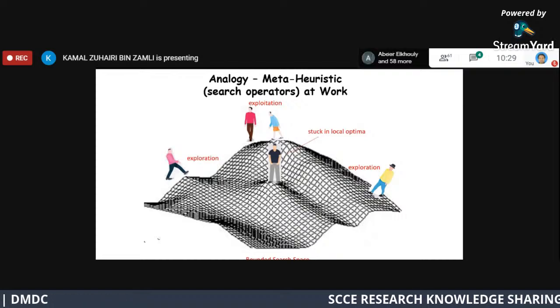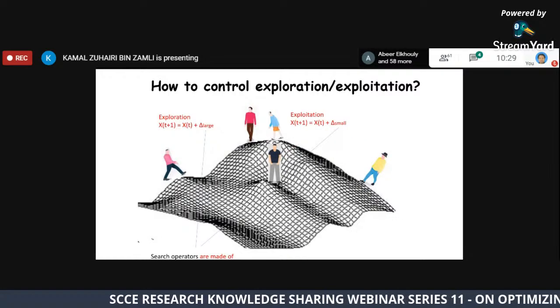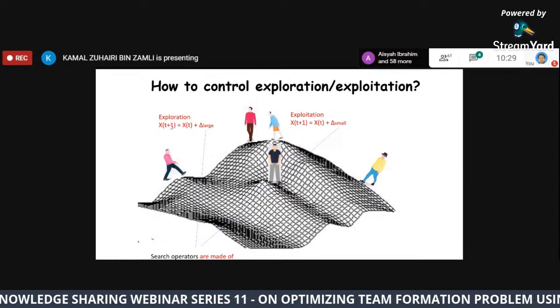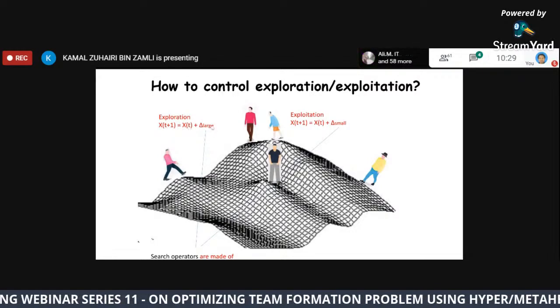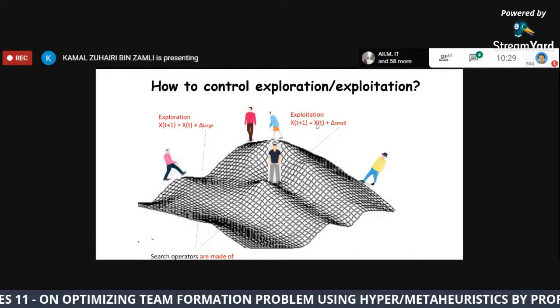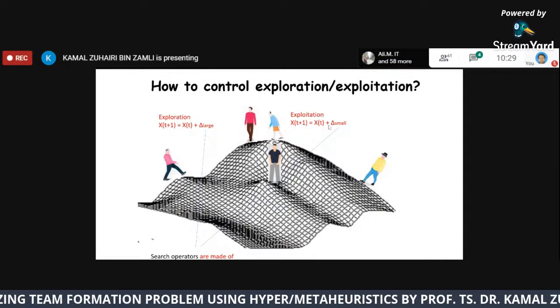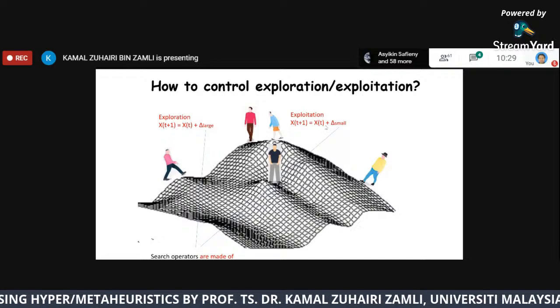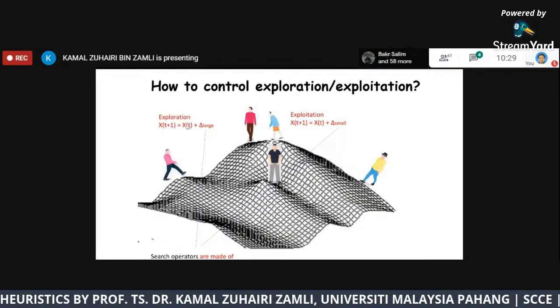You're bounded by the search space. So when you explore, the next move is the current move plus some big delta. When you exploit, x_{t+1} = x_t + small delta, you're doing local search, not global search.